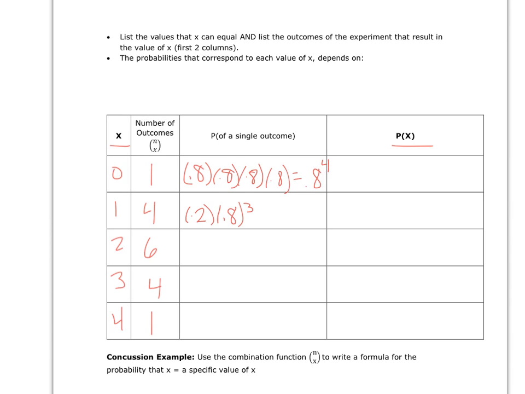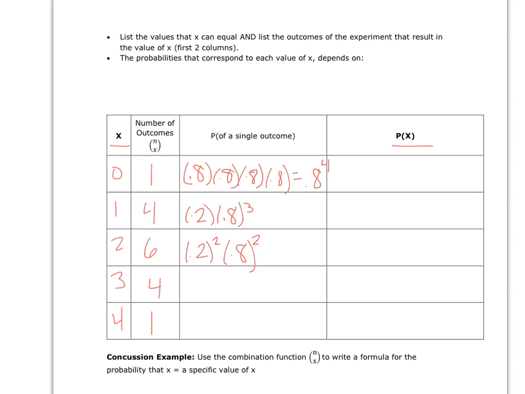All right, let's look at the next one. Here we've got 2 successes, 2 with concussions. So that's going to be probability of 0.2 times probability of 0.2, so 0.2 squared. And then the other 2 have probability of 0.8.